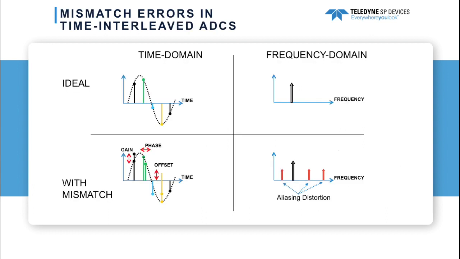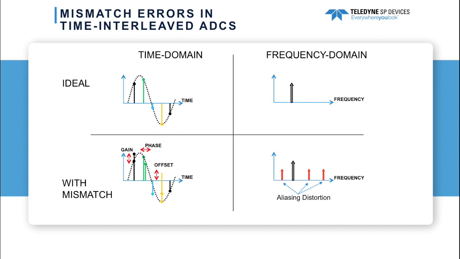On this slide, the effects of mismatches in time-interleaved ADCs are illustrated in the time domain as well as in the frequency domain. The ideal behavior of a 4-way time-interleaved ADC is shown in the top left figure. The 4 color-coded ADCs are taking turns in acquiring the sampled sine wave time domain signal.